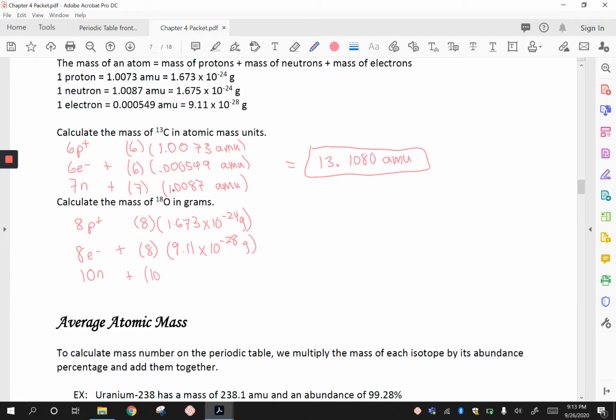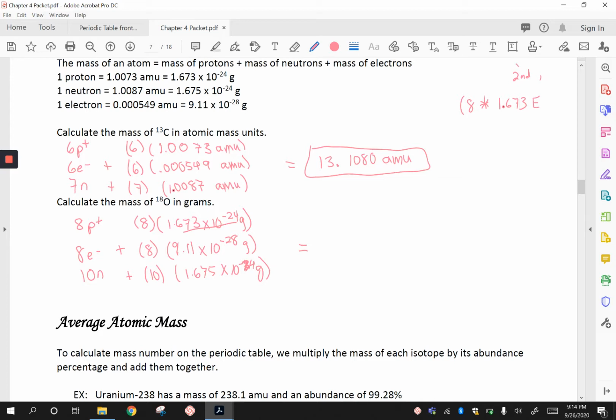And then 10 neutrons, each are 1.675 times 10 to the negative 24th of a gram. Add them all together. And by the way, when you enter these numbers in your calculator, you want to do 8 and then times, and then you do 1.673, and then you hit second and then comma, and it shows up like this.